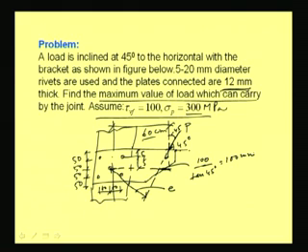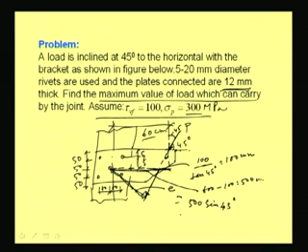The rest distance will become 600 minus 100, so this will become 500 mm. Now, this is 90 degree, so from this triangle we can find out the value of this E. So, E will become basically 500 sin 45 degree, which is 353.6 mm.